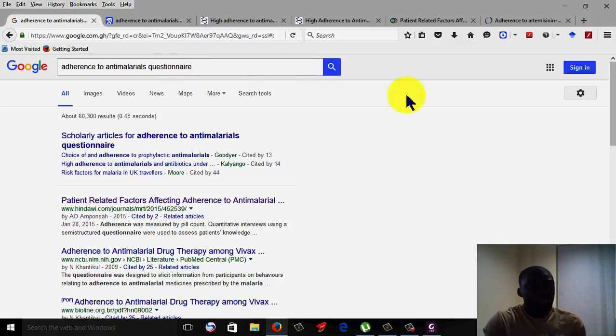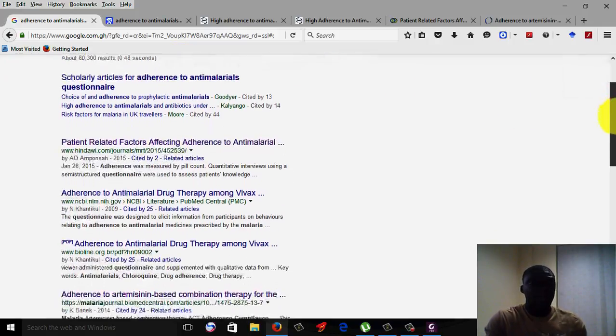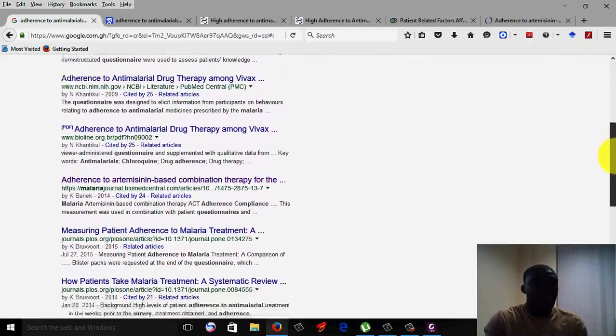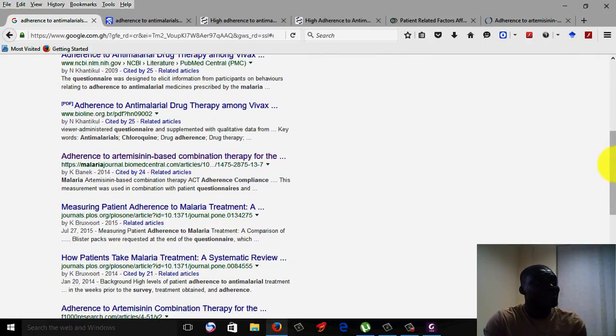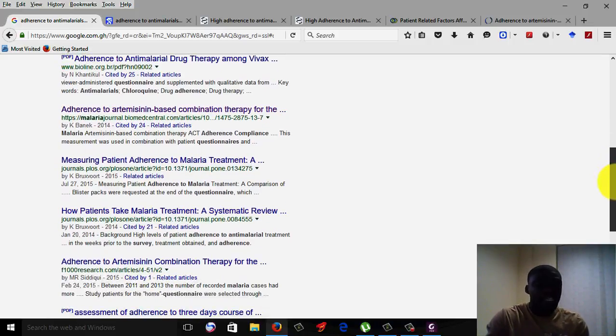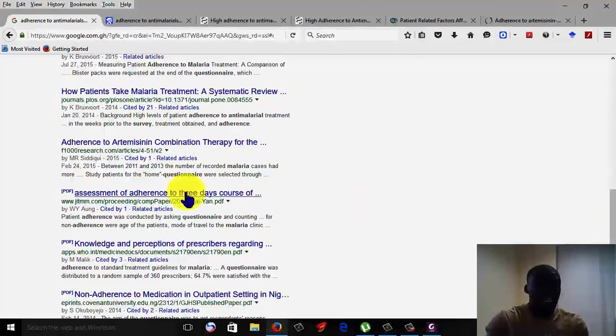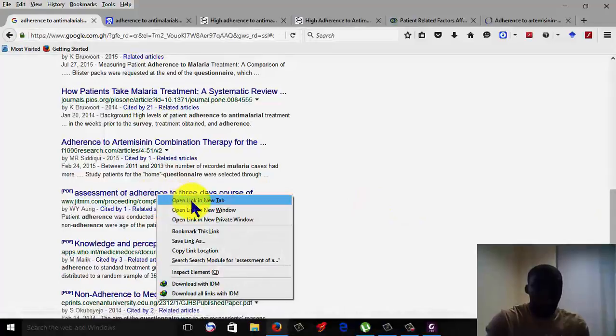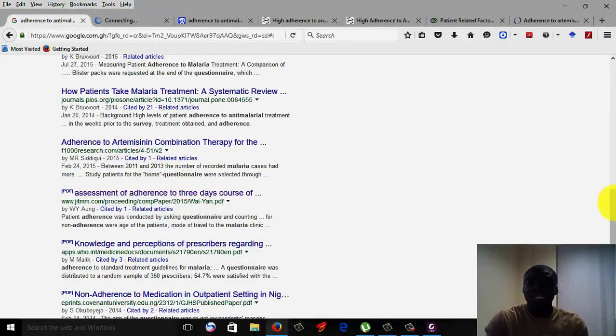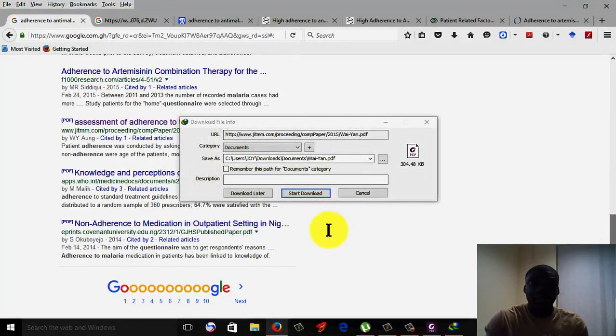If you are lucky, you may get certain measure. So questionnaire, measure, scale, those words. You play around those words. Instrument. Yeah. When you do that, you are likely to get those questionnaires available. Most often than not, for most of the things you are doing, there are questionnaires that are available for them.